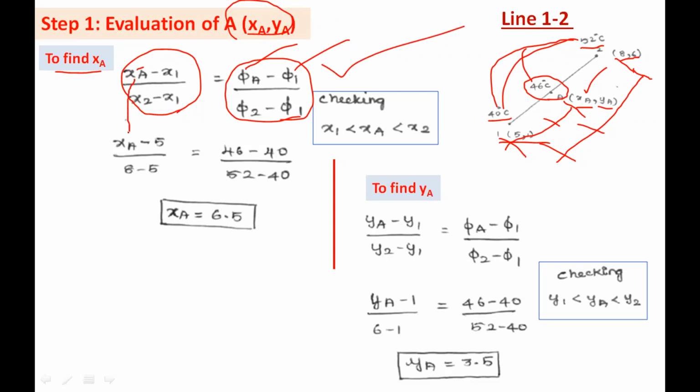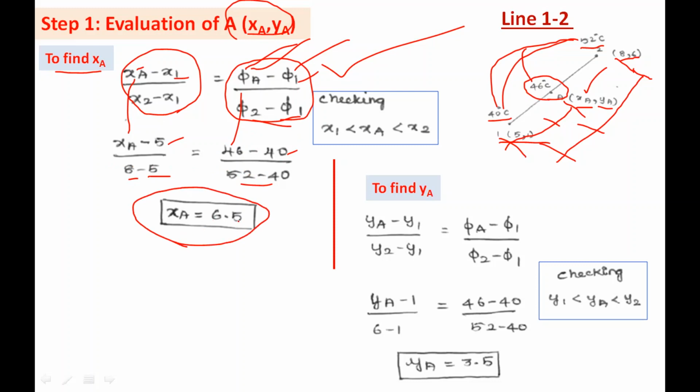Now xa is unknown. We know the x1 value and x2 value. We substitute the known coordinate values, and pi a is known because we know the temperature of this isotherm line, that is 46. The nodal temperatures pi 1 and pi 2 are known, so we use 40 and 52. From this equation we get xa equal to 6.5.